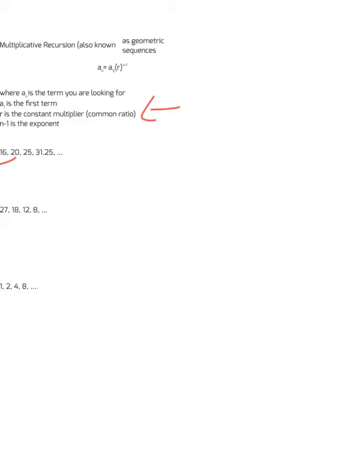So you're going to use your calculator and do 20 divided by 16 and you'll get 1.25. So 1.25 is your r. That's your common ratio. We're going to look for the seventh term for all of these. So it's A sub 7.